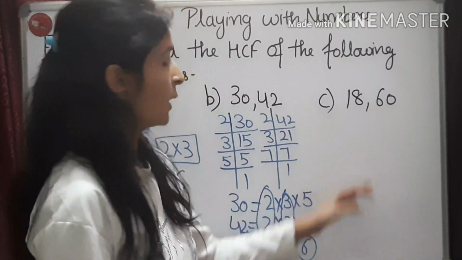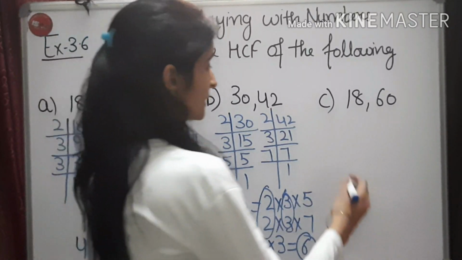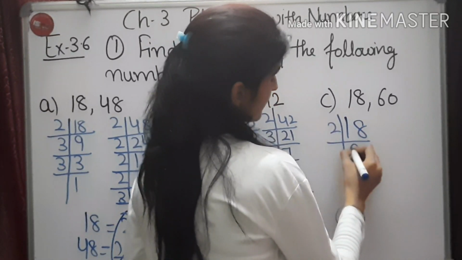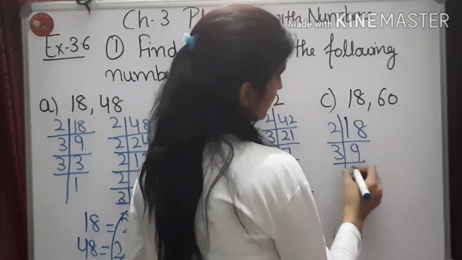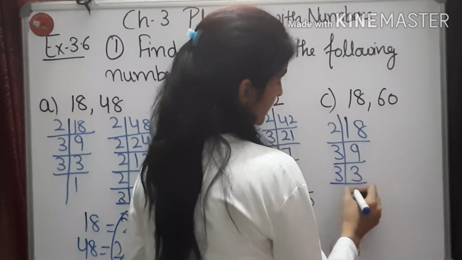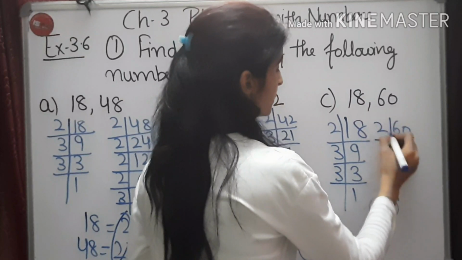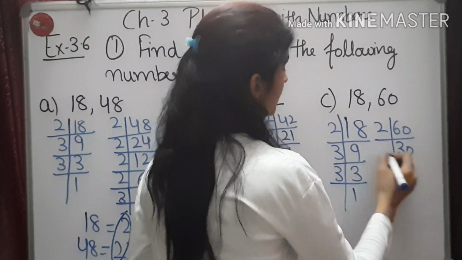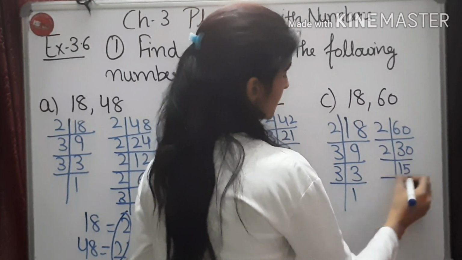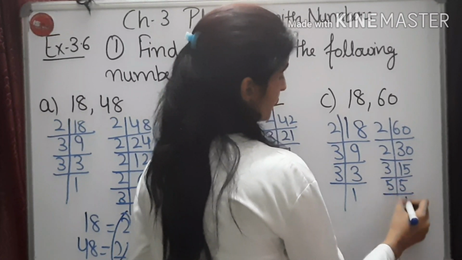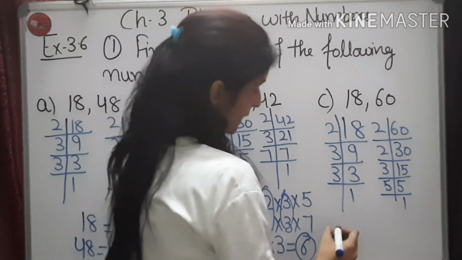Right? Now let's come to C part. 2 9s are 18, 3 3s are 9 and 3 1s are 3. 60 is equal to 2 30s are 60, 2 15s are 30, 3 5s are 15 and 5 1s are 5.